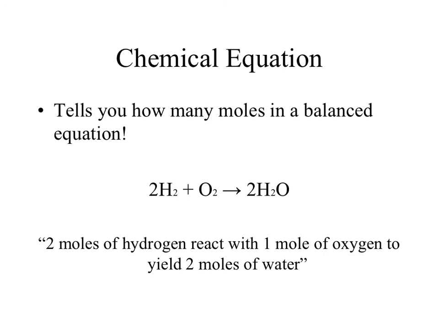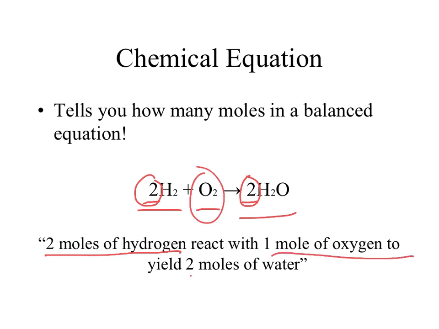But also, now that we understand a little bit more about moles, we can dive deeper into our balanced equations. In fact, these coefficients are big numbers that we've been balancing with. You didn't even realize they stand for moles. So we know that this is 2 hydrogens react with an oxygen molecule to give us 2 waters. But really what that means is 2 moles of hydrogen react with 1 mole of oxygen to give us 2 moles of water.